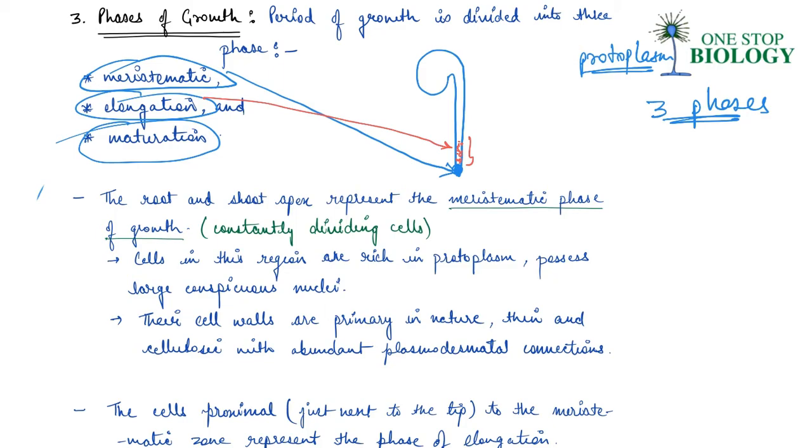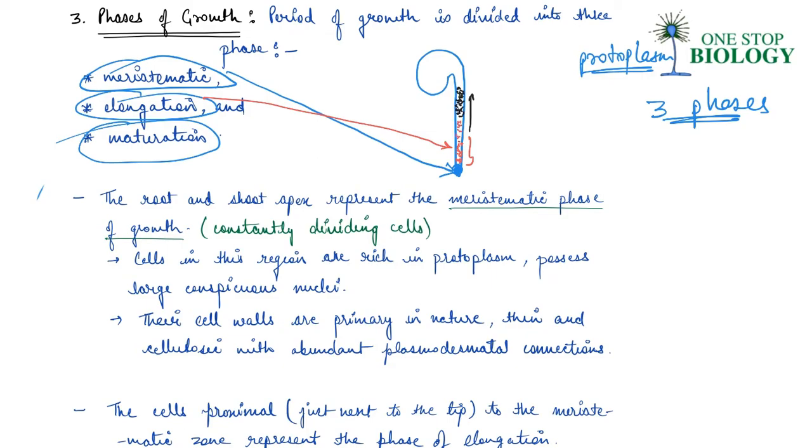The cell wall is thickening and there is an increase in nutrients and reserve material. Vacuolation is happening and cell size is increasing. If we move away from the apex in this direction, this is the elongation zone.